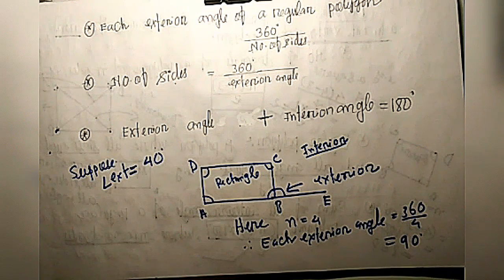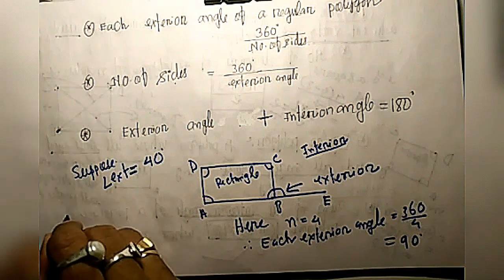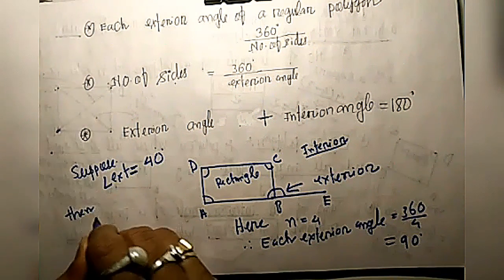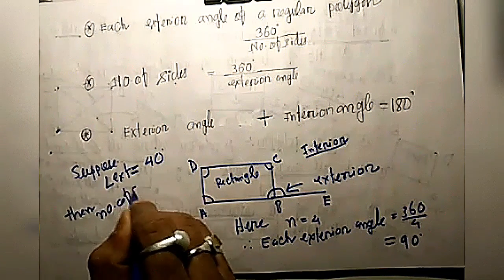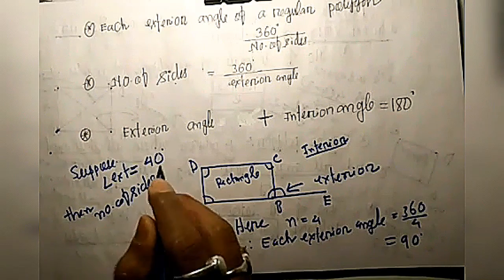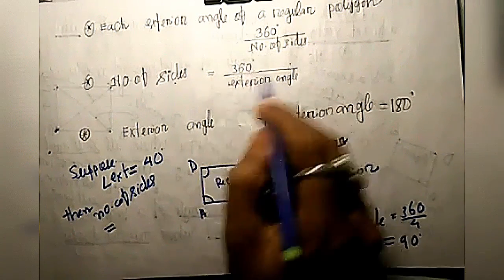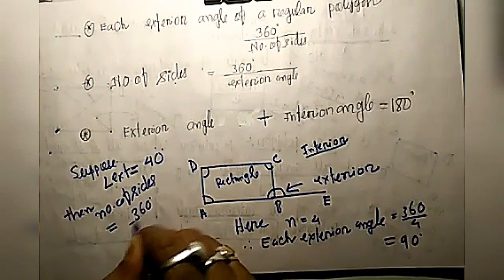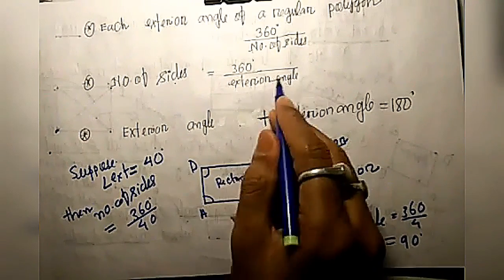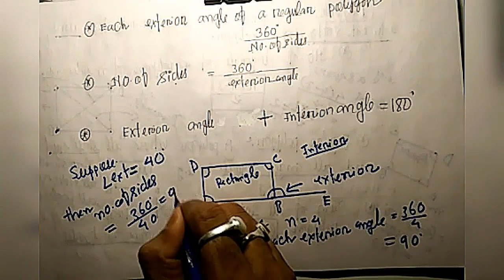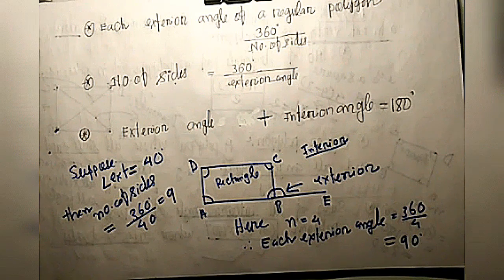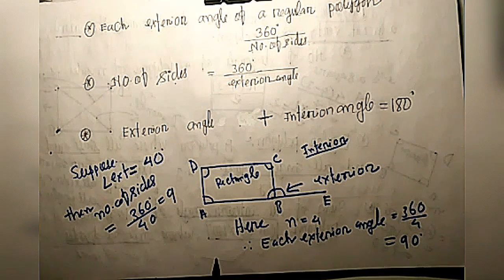In the previous example we were finding the exterior angle, but in this case exterior angle is given, we need to find out the number of sides. Therefore the number of sides is equals to, using the formula, 360 divided by 40. So after cancellation we get 9. So when exterior angle is 40, number of side is 9.